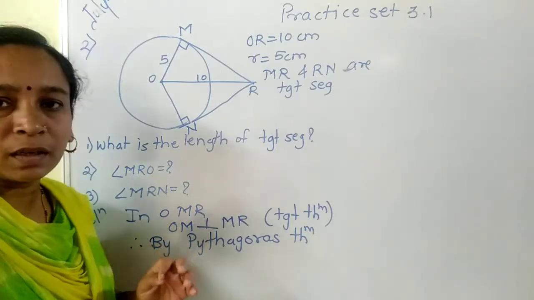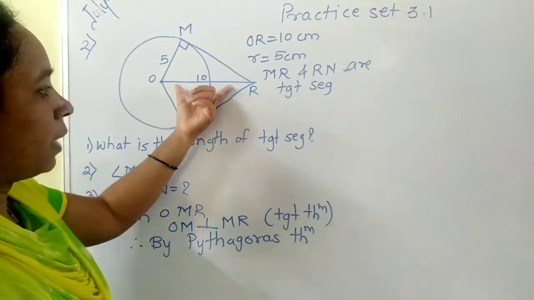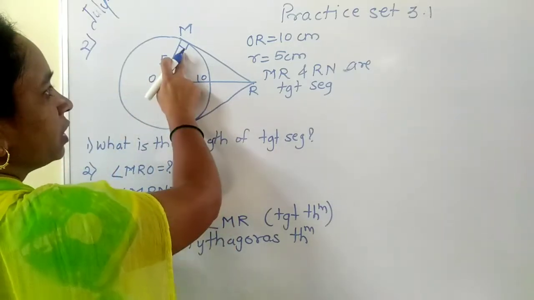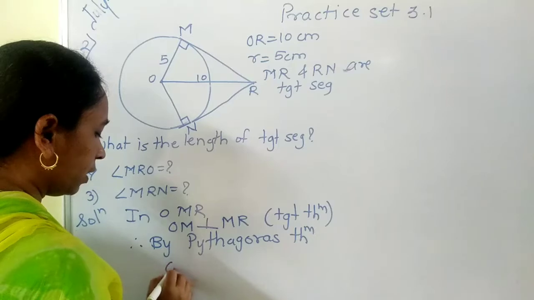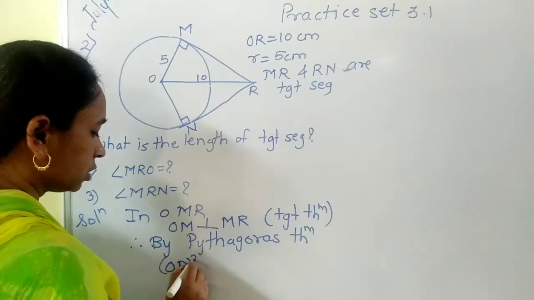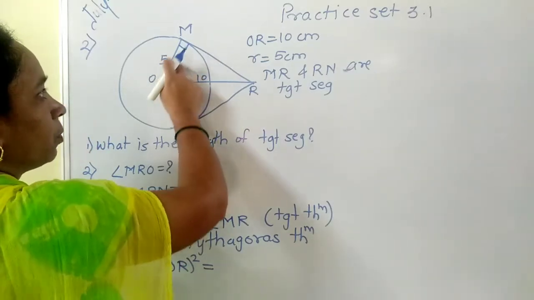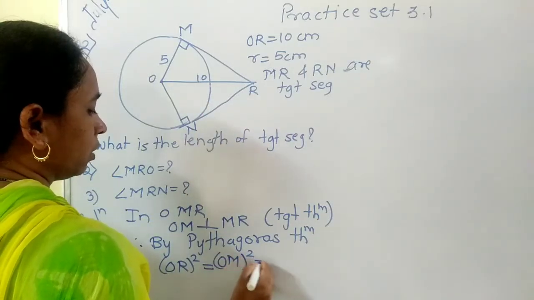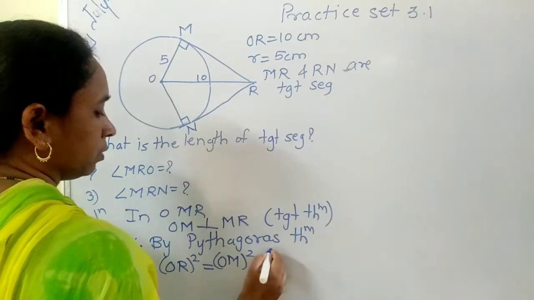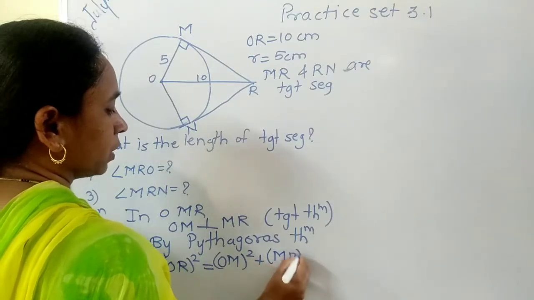If it is 90 degrees, then OR would be the hypotenuse. So I'll write the formula directly: OR square is equal to OM square plus MR square.